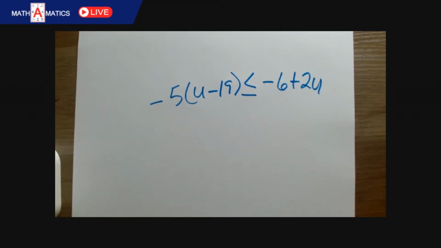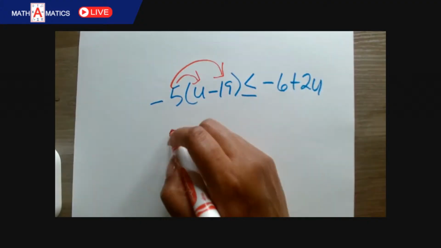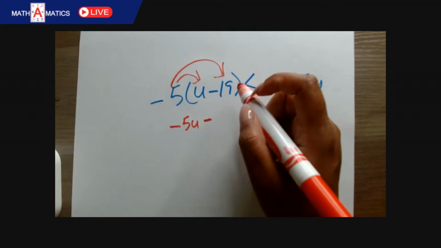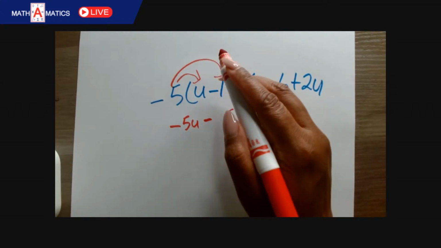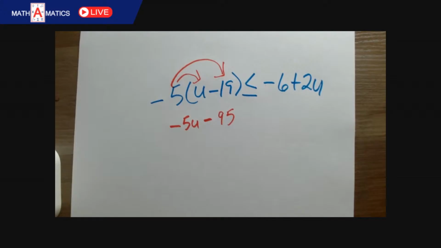Alrighty, so again, like I said before, we want to start off with treating this like an equation. So the first thing we're going to do, we want to distribute this 5. So we'll get a negative 5u minus 95.